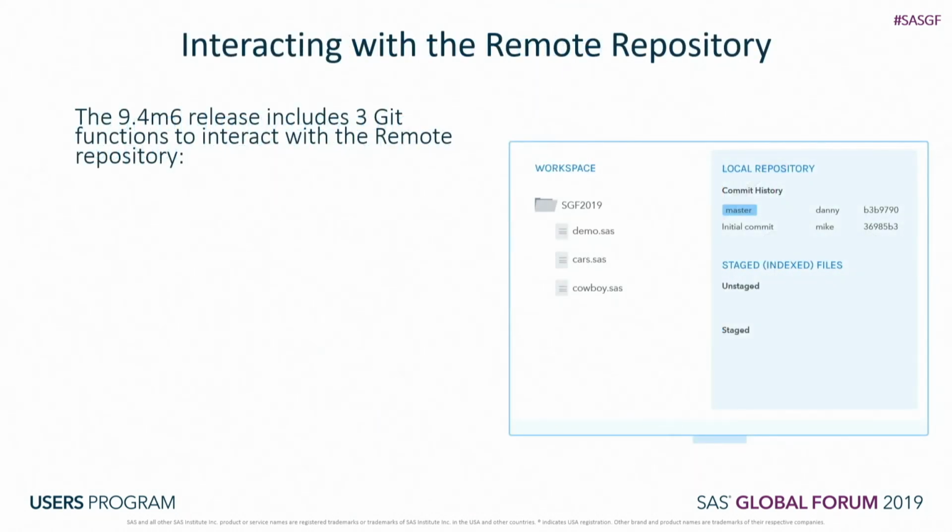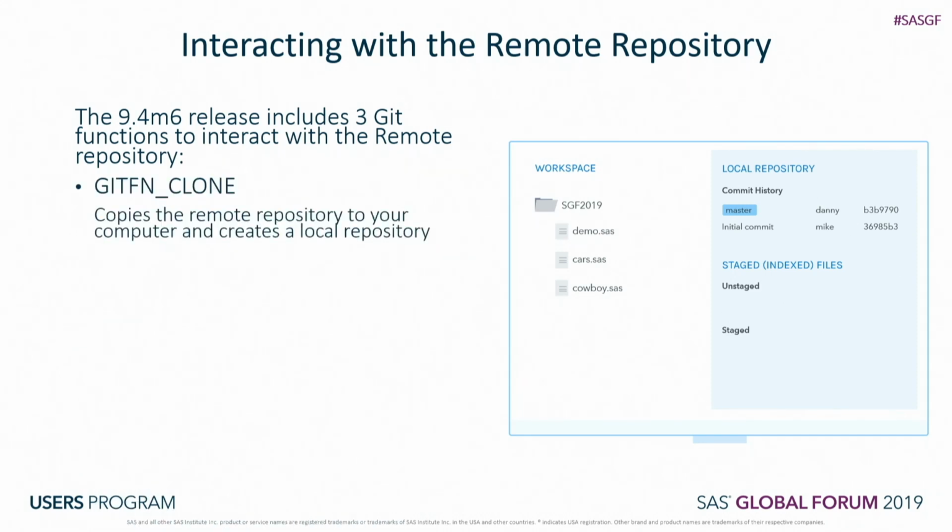The first set of functions I want to talk about are the functions that interact with the remote repository. With 9.4M6, we include three functions that interact with the remote repository. First function is clone. This allows you to copy the remote repository down to your local workspace and creates a copy of that remote repository.